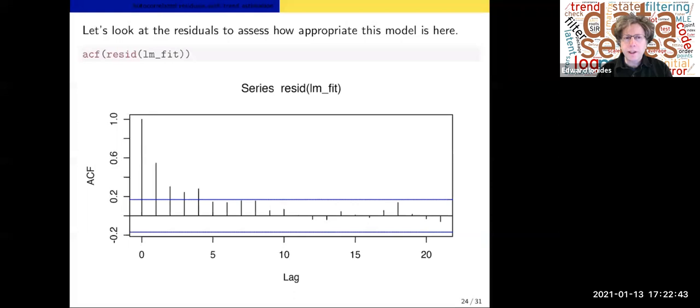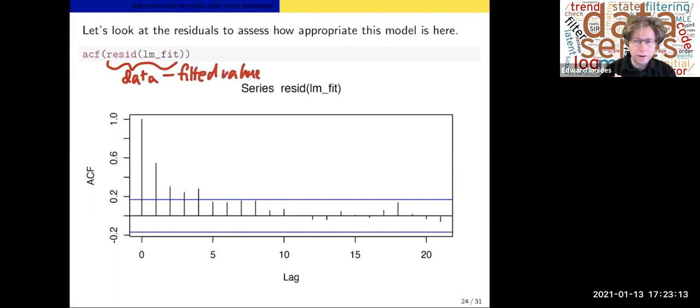The simple starting point is to look at the sample autocorrelation function calculated by ACF for the residuals. This is resid(lm_fit), the data minus the fitted values for this model.